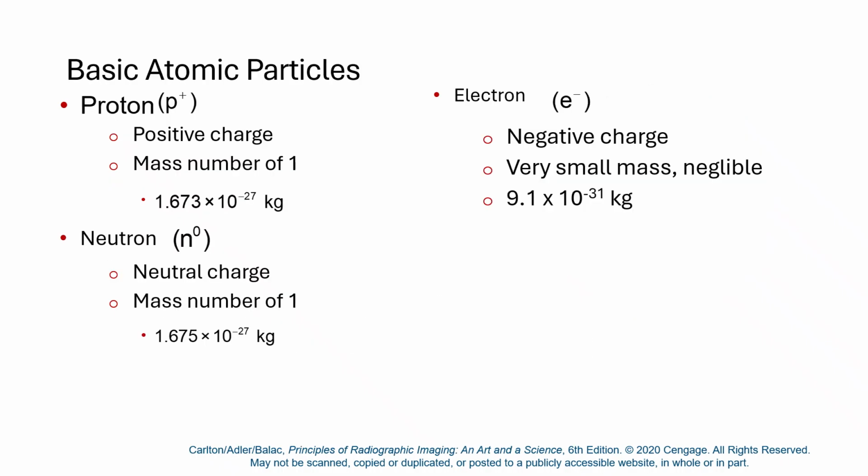All right, so yes, protons have positive charge, mass number of 1, okay? If you want to know the mass in kilograms, it's right there, but I'm not going to quiz you on it. Neutrons also have a mass number of 1. They are slightly heavier than a proton, but it's 2/100ths of 10 to the 27th kilograms.